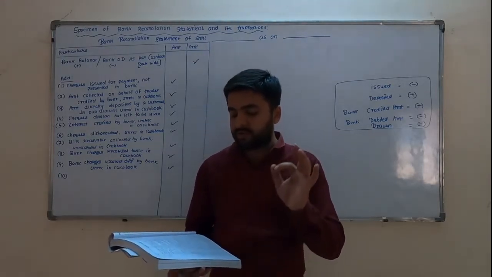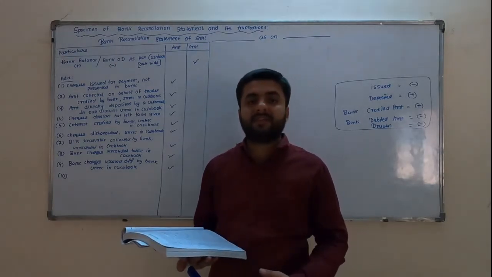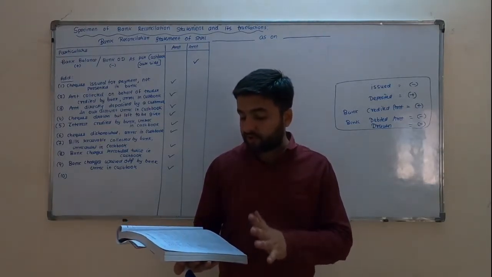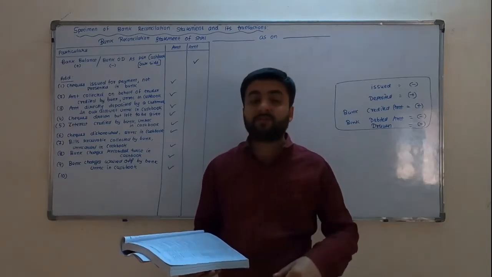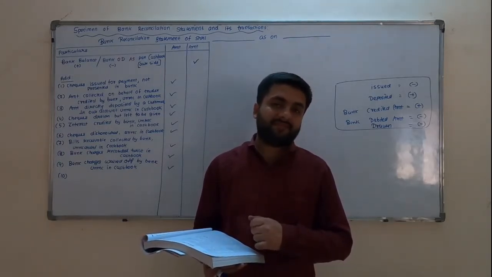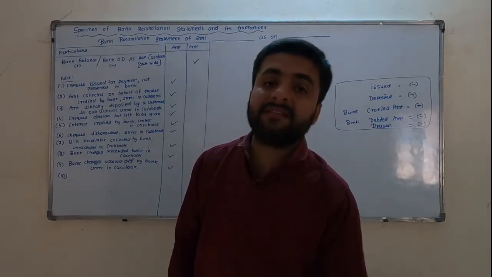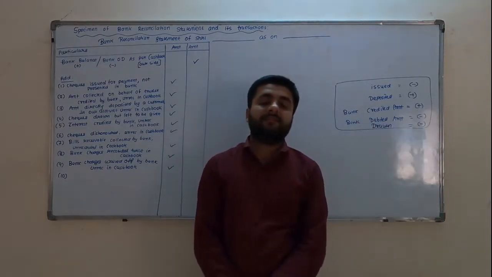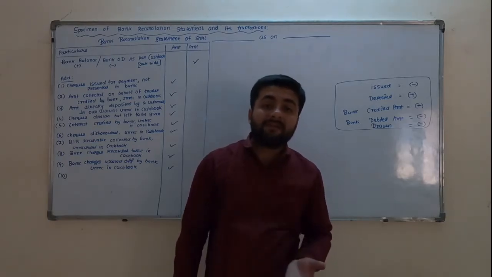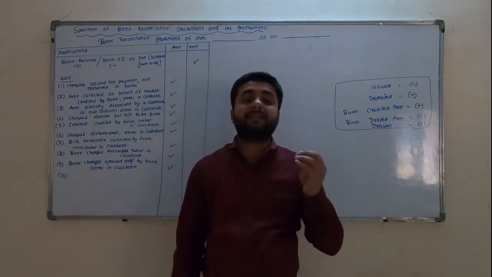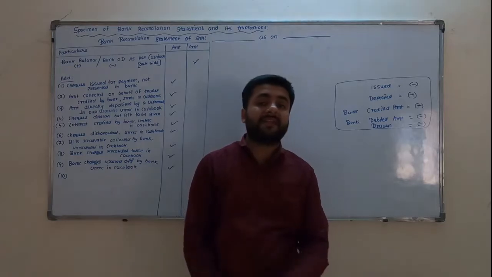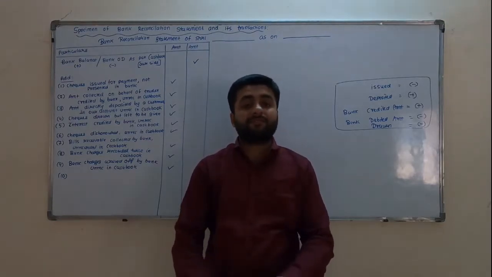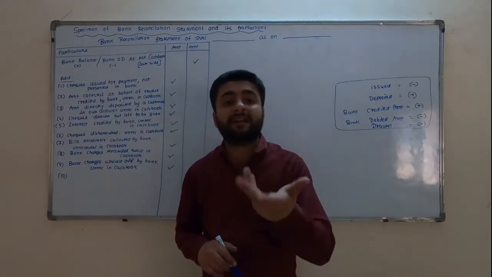Interest allowed by the bank, meaning interest given by the bank, recorded on the payment side of the cash book by mistake. Actually when the bank is giving interest, the bank is crediting because the bank is adding. Now by mistake we are writing that interest amount on the credit side of the cash book as payment. Actually it is received, but we are writing it as payment.